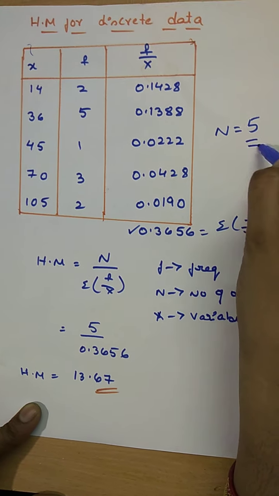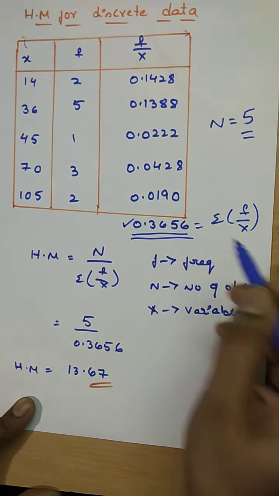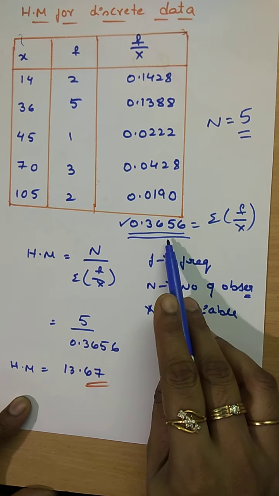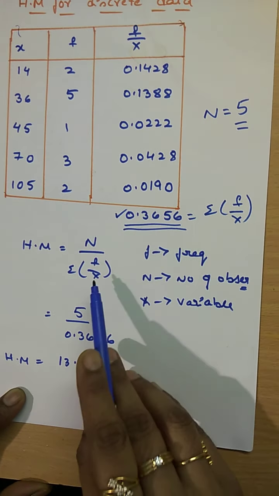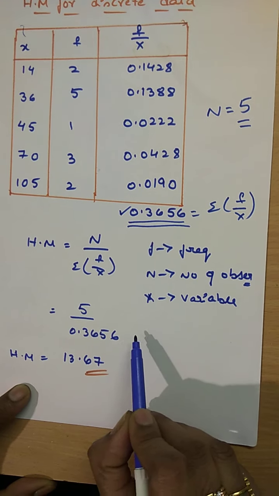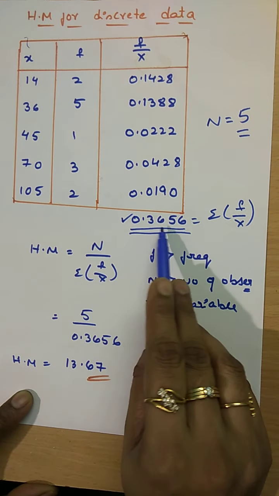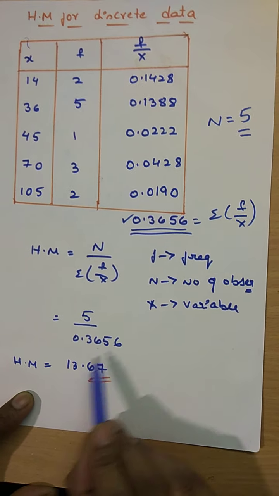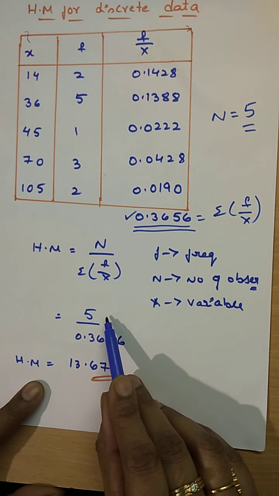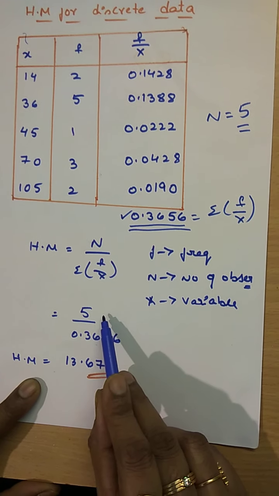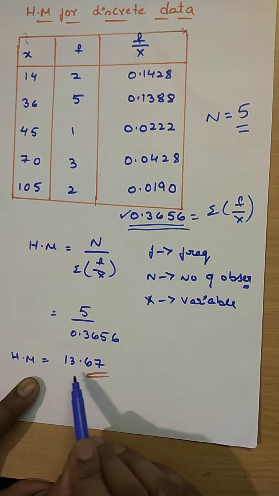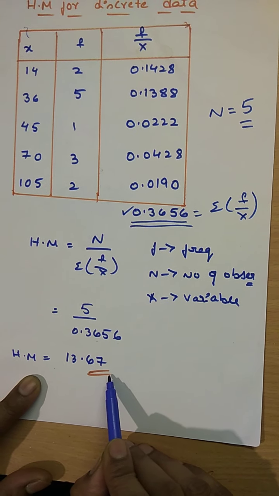Substituting, 5 divided by 0.3656. Find this value from the calculator: 5 divided by 0.3656 is equal to 13.67.